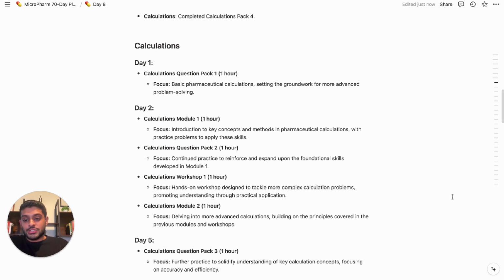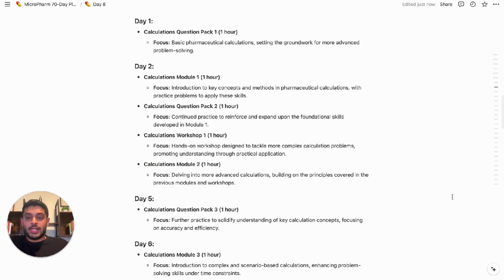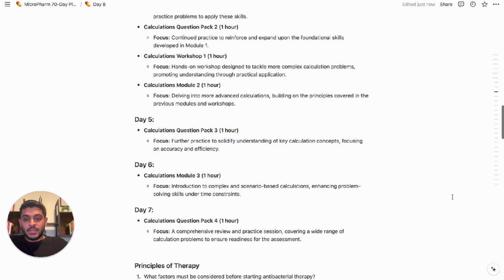In relation to calculations, summarizing what you've done so far, you should have done 10 calculation questions on day 1. You should have gone through module 1, which includes 12 questions, and gone through question pack 2, which involves 10 questions, gone through the recording for the calculations workshop, and then gone through module 2, which includes a further 12 questions.